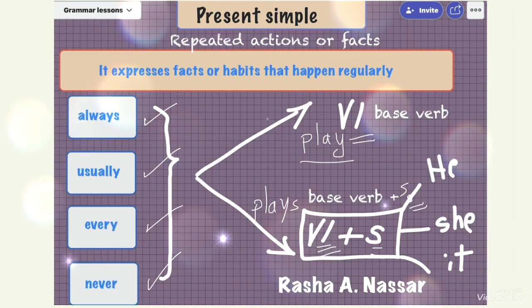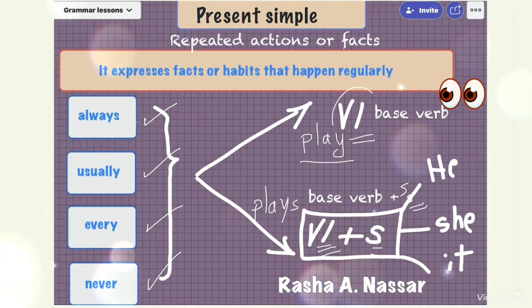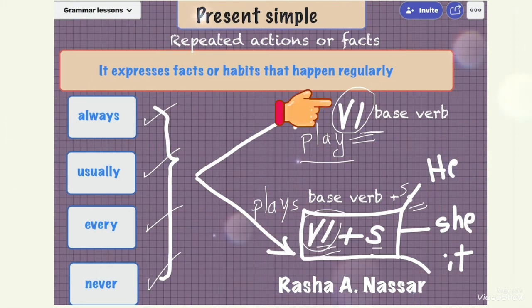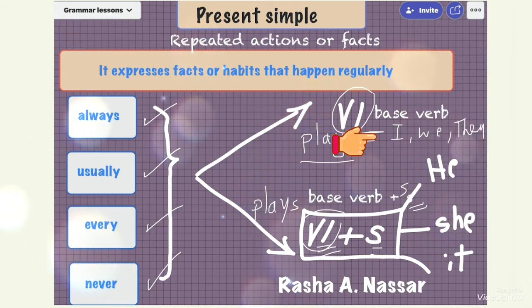But listen carefully. When can I use V1 and when can I use V1 plus S? I will use V1 with I, we, they, and you. And when can I use V1 plus S?